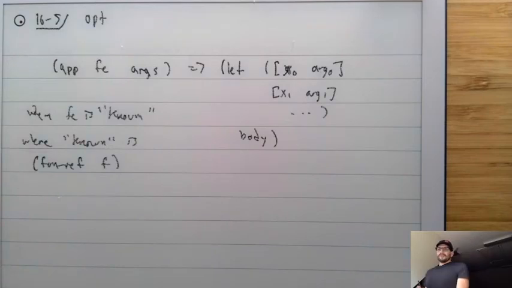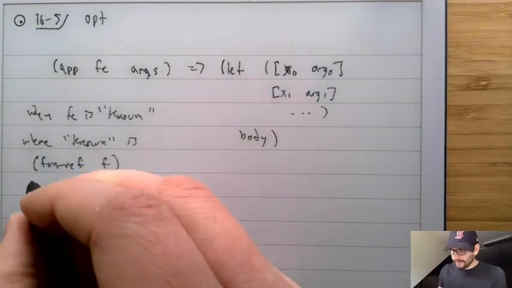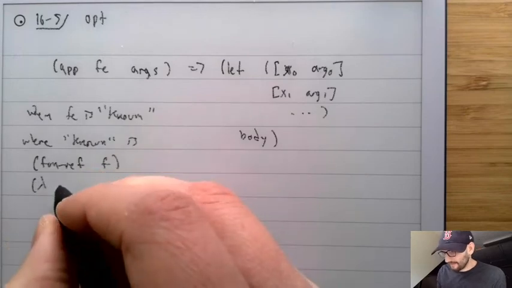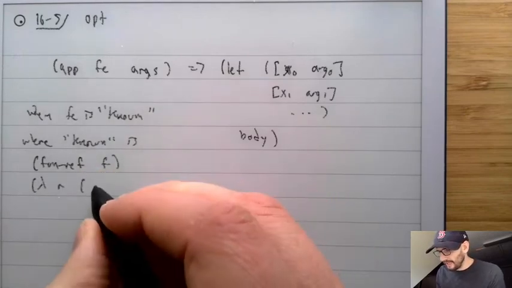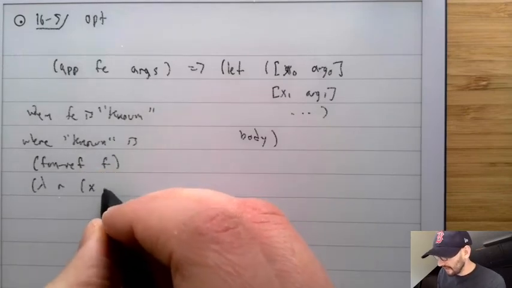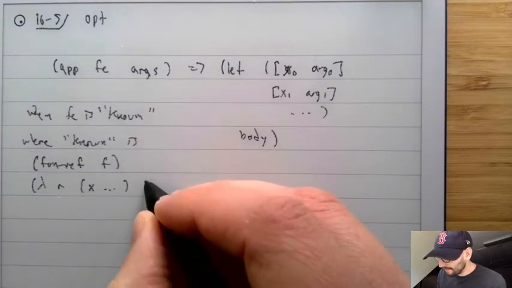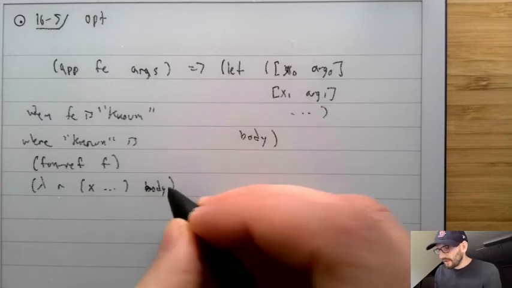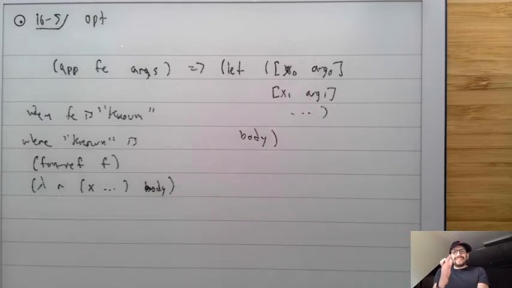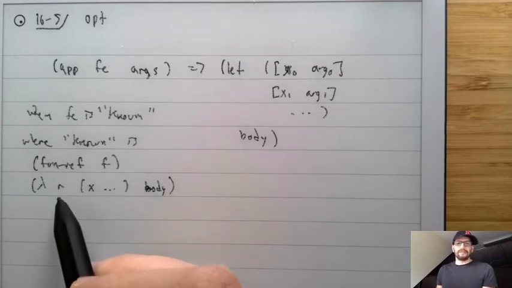Okay? What you could just do is make it so that another thing that counts as being known is when it's a concrete lambda with x, whatever, body. So you could say that when that's known, you do it. But now here's the annoying thing: what if you use the recursive name?